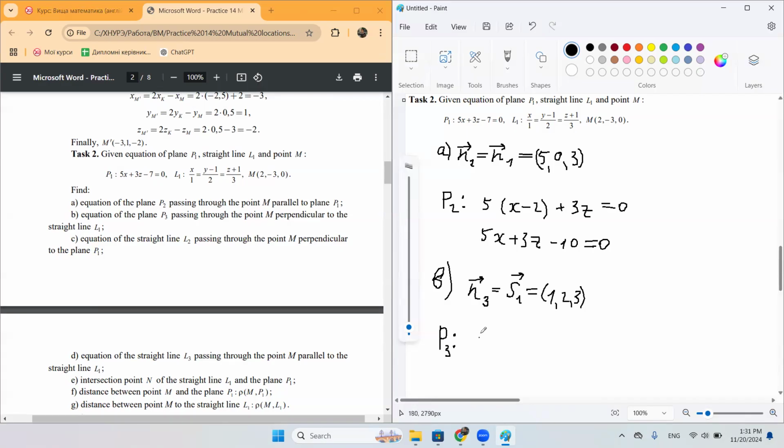So x minus 2 plus 2y plus 3, and plus 3z equals 0.